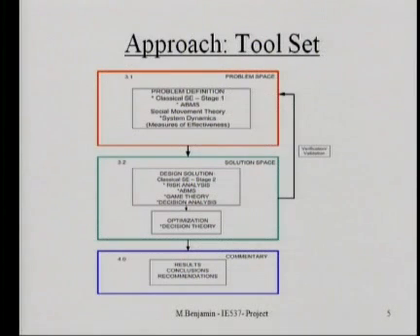Okay, so this is just a flow of the approach I'm using. Again, we have the problem space, and in that problem space, to come up with a solution in classical systems engineering, you need to really understand the problem. So there's a lot of focus in this area to understand the dynamics of this society, what's causing the volatility, and why it is so off balance.